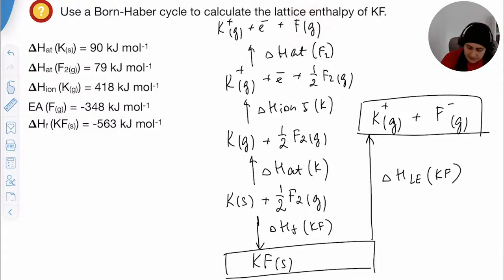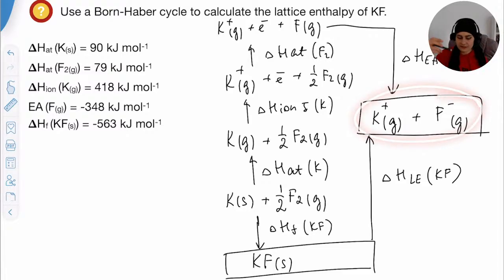And then the last thing I need to do is add an electron to fluorine gas. This is first electron affinity of fluorine, which is exothermic, so arrow down. That's it. So I have what I needed. I ended up where I wanted to end my cycle.